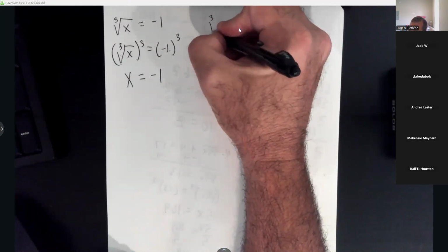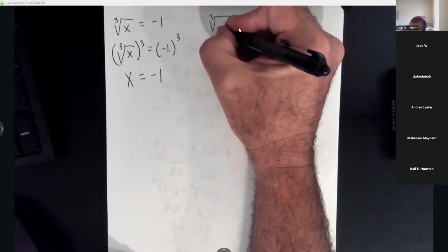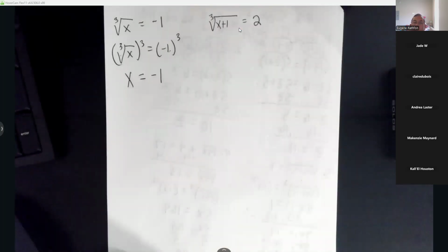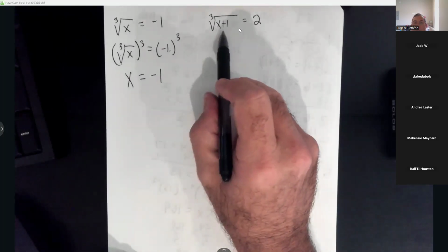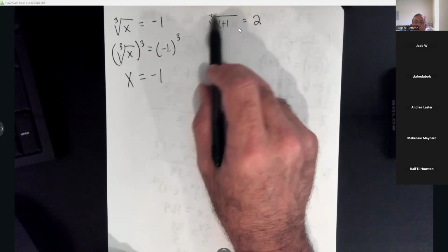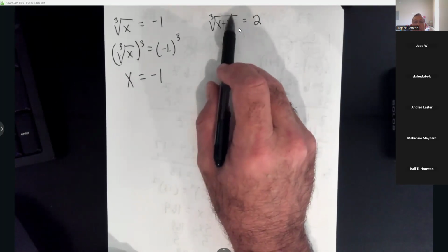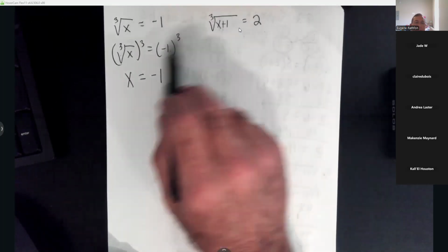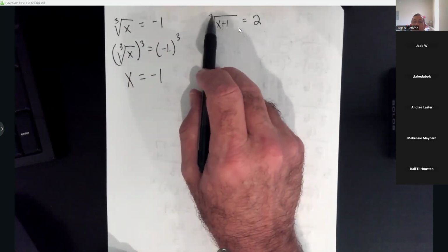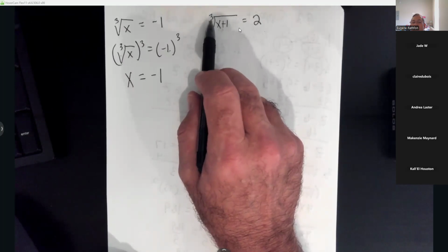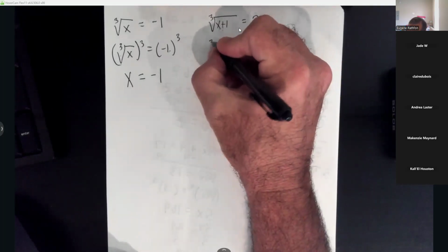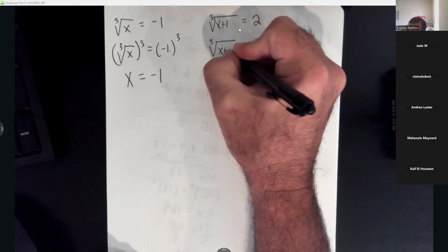Now watch this one. Cube root of x plus 1 equals 2. So look, that one's under the cube root, so I can't move it because it's under the radical. So my first move is to get rid of the radical, just like I did here. So I'm going to cube both sides. You raise it to the exponent that matches that number in the radical, okay?